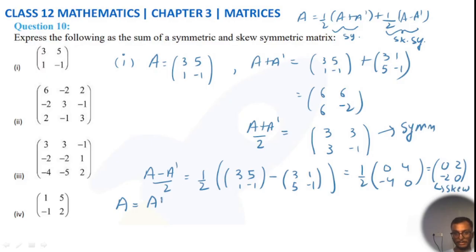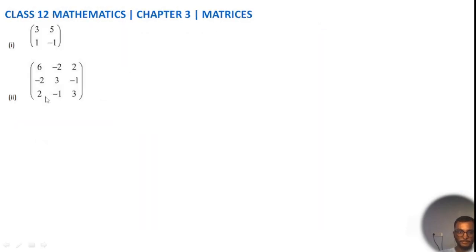So A can be written as A plus A transpose by 2 plus A minus A transpose by 2. This is symmetric part and this is skew symmetric part. So you have to do this in this type of question, and this type of question is very, very important for your exam. Okay, now I will be doing second part.